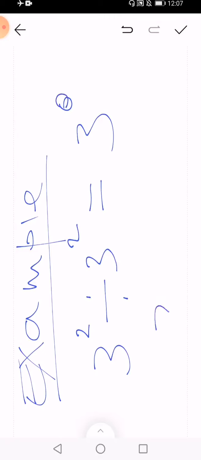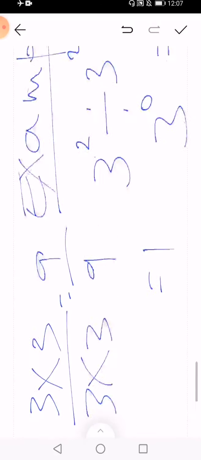And we know that 3 to the power 0 is equal to 1. So let's prove this. 3 to the power 2 divided by 3 to the power 2 is 3 times 3 over 3 times 3. And then this is 9 over 9, which is 1.